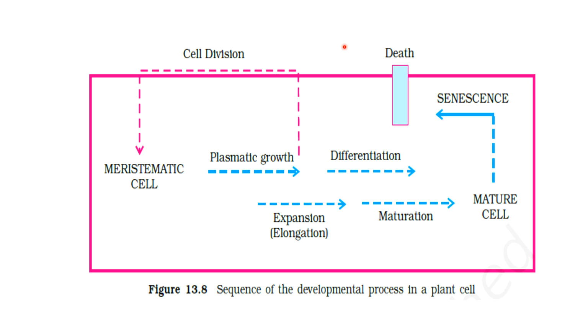So this is the schematic representation of development process in plant cell. See how the meristematic cell, which is unspecialized, is undergoing increase in the protoplasm content, or plasmatic growth, or cell growth, and then it is undergoing differentiation, which comprises of elongation as well as maturation, and these mature cells perform different functions.